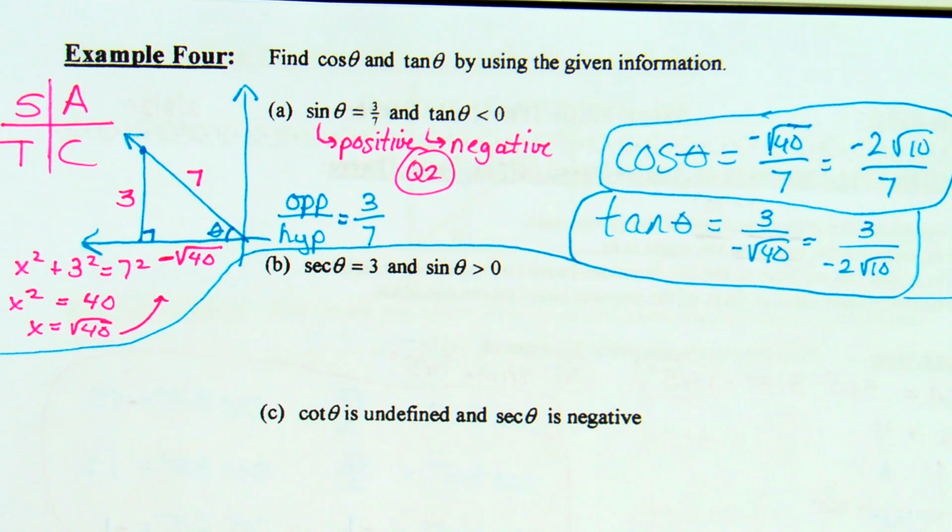Okay. Secant of theta is 3. Sine of theta is greater than 0. They want to know cosine theta and tangent theta again. What kind of things can you tell me based on what they provided?